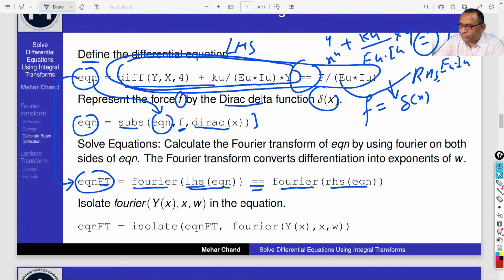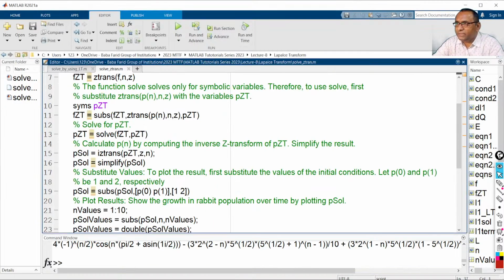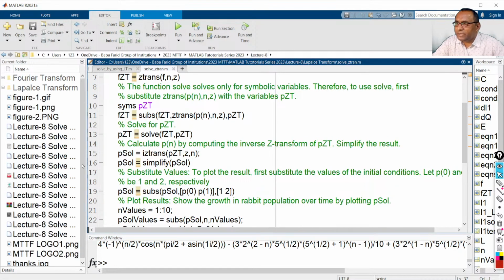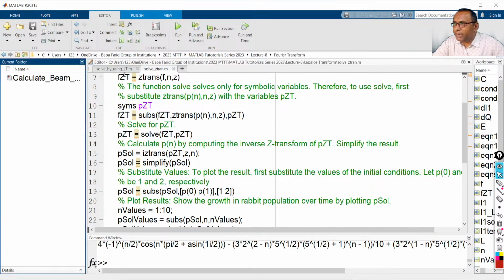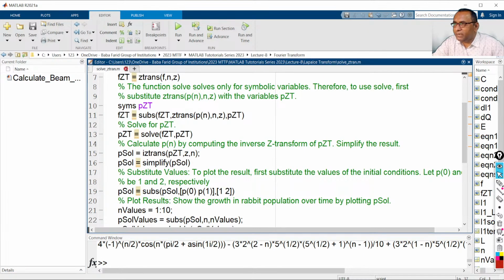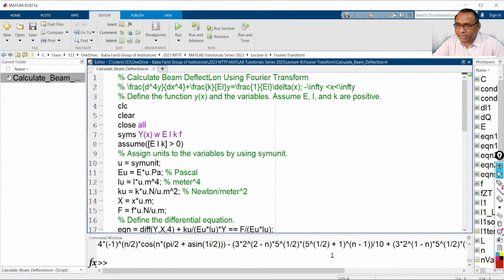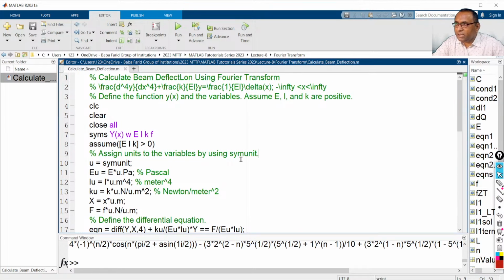See, in MATLAB also, it is very important to see. I have prepared the script so that in less time I can present all the content which I have prepared for this session. I have written a very beautiful script file. Everything is there.